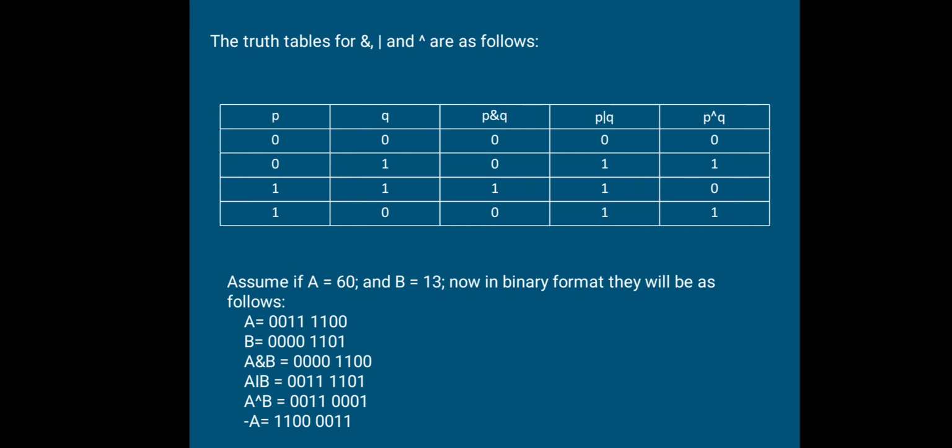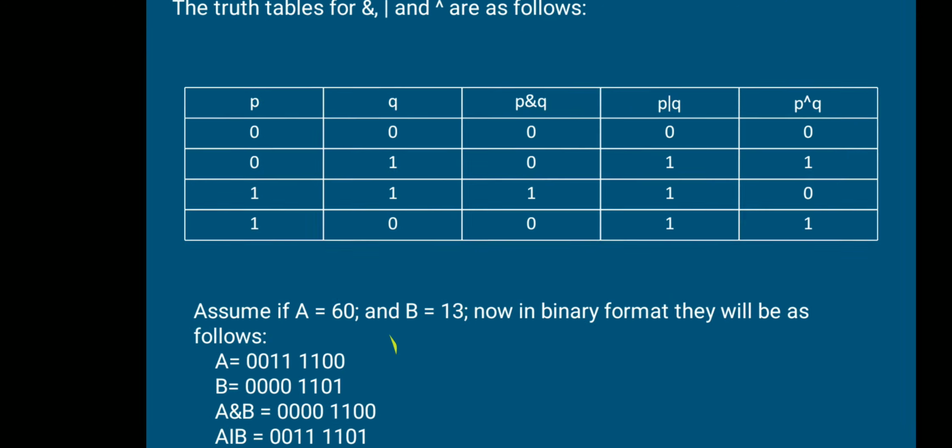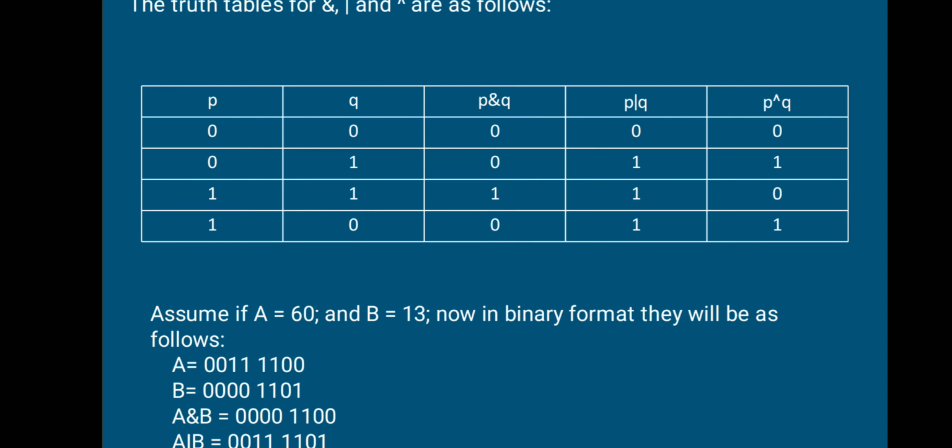And here if you see the truth table, let us take P and Q as the bits. Let us take 0 as false, 1 as true. When I apply bitwise and, when both the bits are 1, then the result is 1. In other cases, the result is 0.